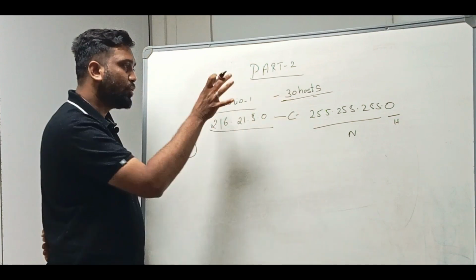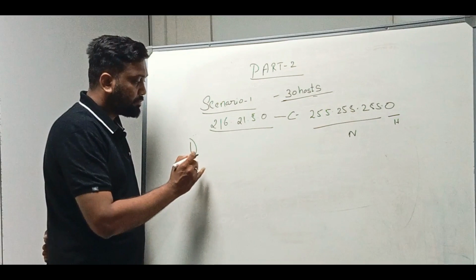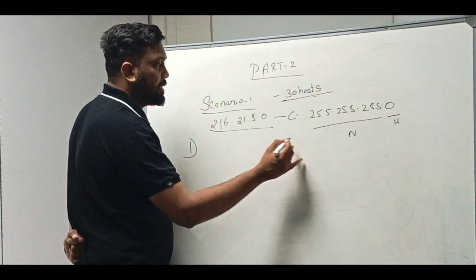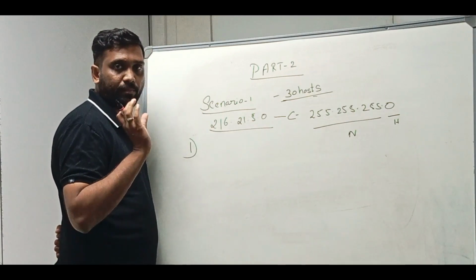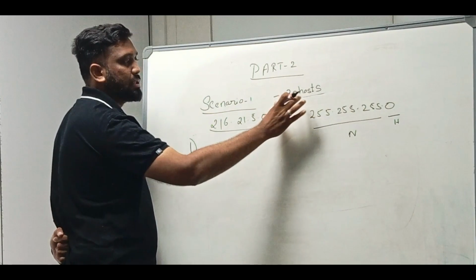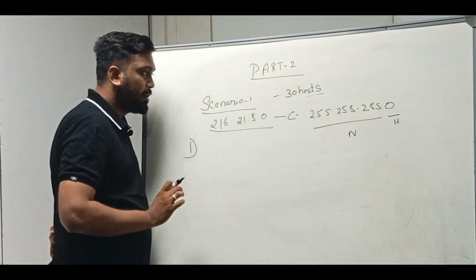Based on the host, we are going to divide the subnetwork. Earlier we decided how many networks we want. Now we are going to do the subnetting based on the host requirement. I need 30 hosts per network.